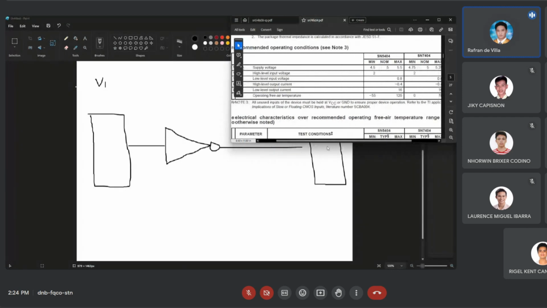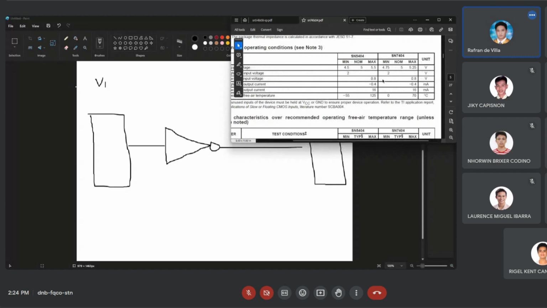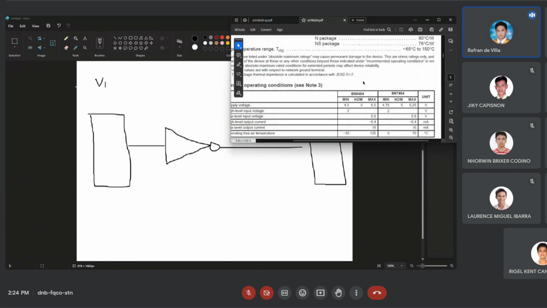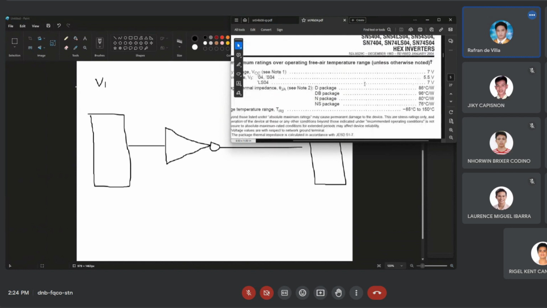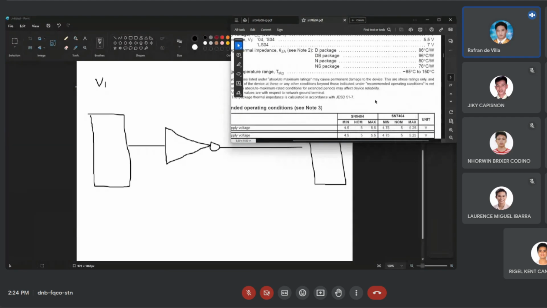Looking here, voltage input high nominal is 5 volts, but the minimum is set at 2 volts. And this is the LS series? Yes, the LS series.